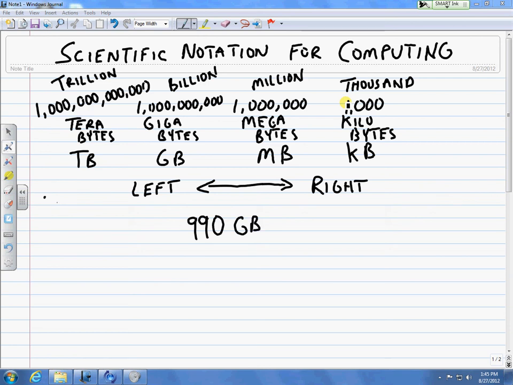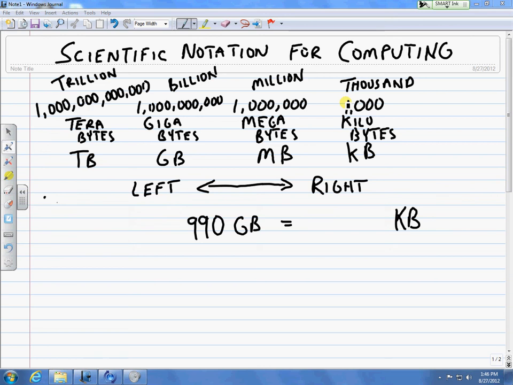I'm going to convert that now to kilobytes. The item to note in this example is that I'm going from giga to mega to kilo. So I'm going to move the decimal point a little more than we have in the past. We're going to move it 3 positions and then 3 more positions.